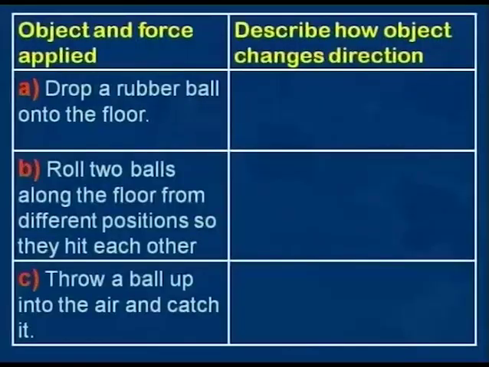The first one says, drop a rubber ball onto the floor. Now write down or describe how the object changes direction. I will give you 2 minutes and your time starts now.